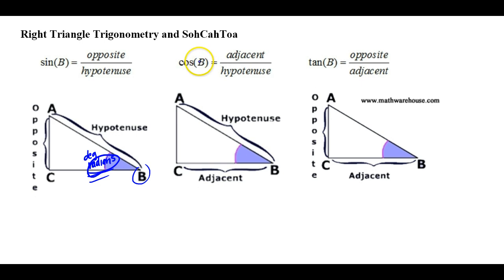The cosine function, so we're still talking about this angle B in degrees or radians, says, well, this time you're considering a different ratio, the one that looks at the adjacent side and the hypotenuse to the angle that you're talking about. And then finally, the tangent function of the angle is considering the opposite side to the adjacent side.